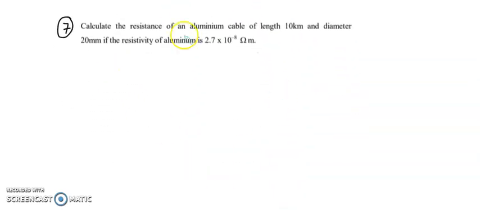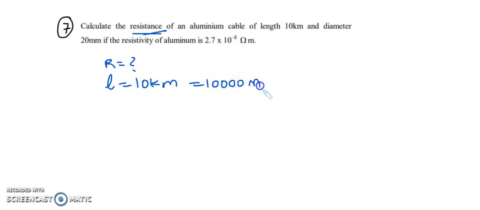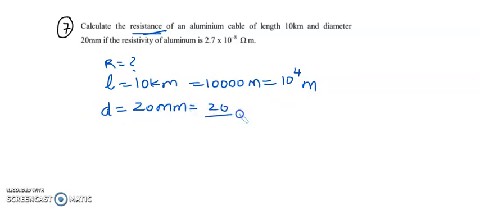what is the length? You have to find resistance. So R is something which I want to find. L is 10 kilometer, which means 10,000, because 10 multiplied by 1000, which I can write as 10 raised to 4 meter. Now diameter is given as 20 millimeter, which means 20 divided by 1000 meter, that is equal to 1 by 50 meter, right?